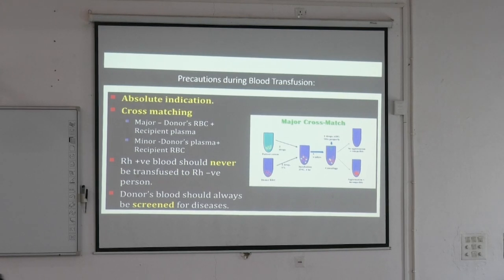So transfusion reaction is a very important thing to be applied in daily practice, and it is the most common as well as the most dangerous practice. Why?